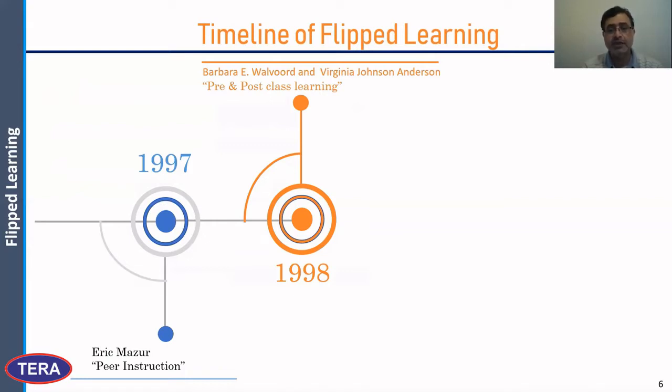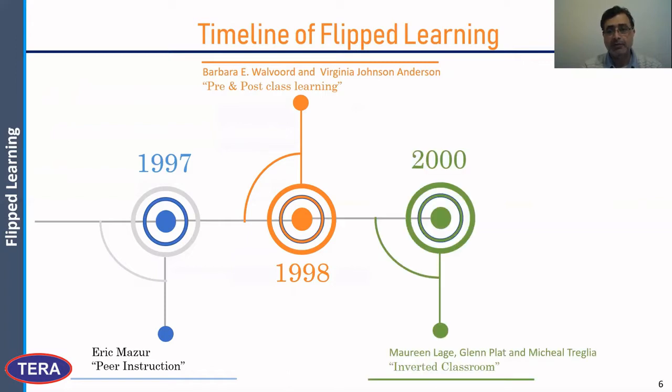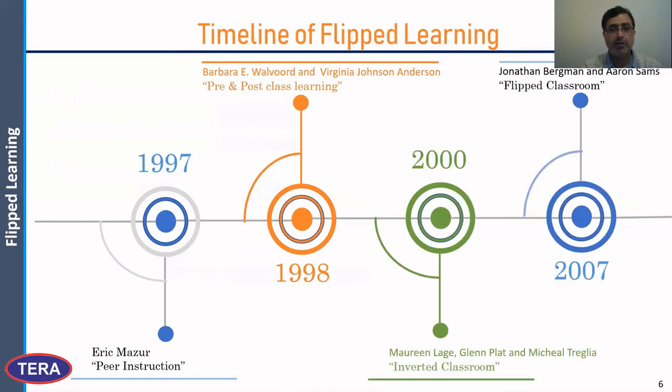In 2000, a paper was published by Moradin and colleagues, and this paper talks about the inverted classroom as a student-centric approach of teaching and learning, where activities that traditionally take place inside the classroom take place outside the classroom and vice versa. So we can consider this as a turning point for the development of flipped learning, what we know today.